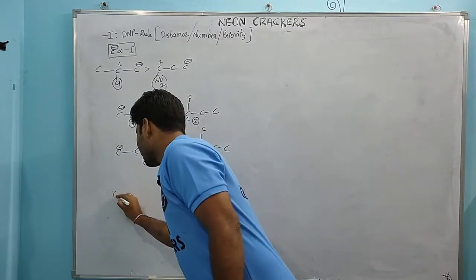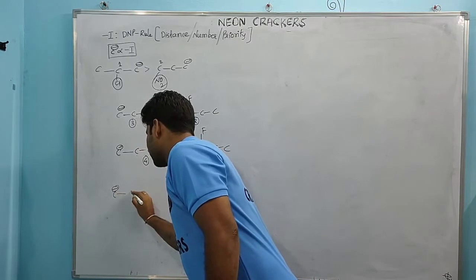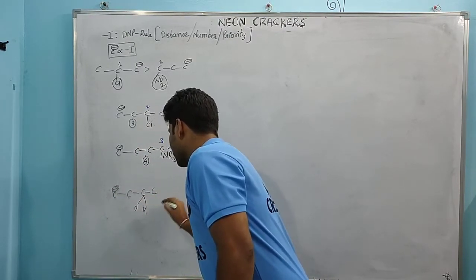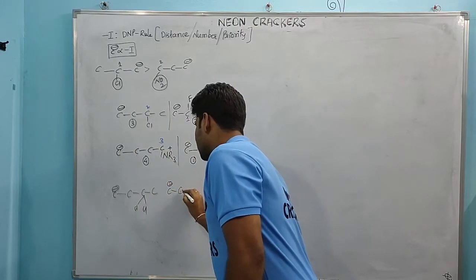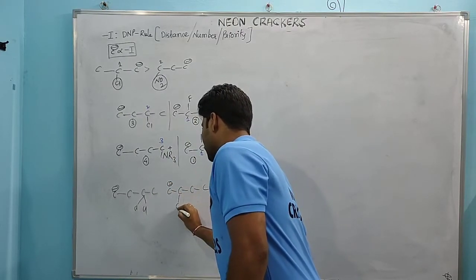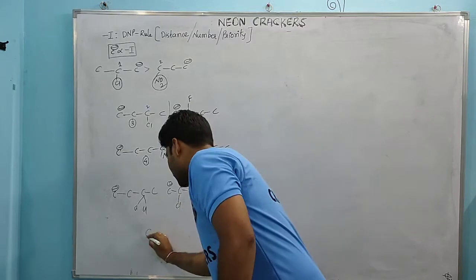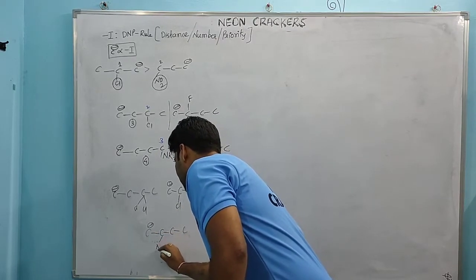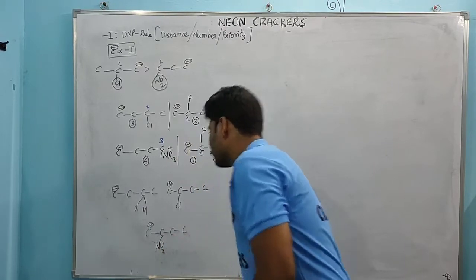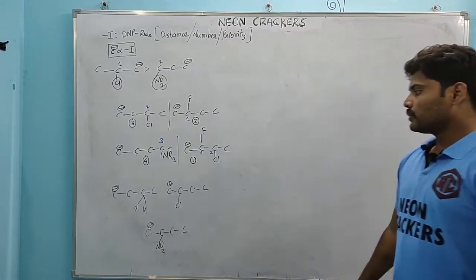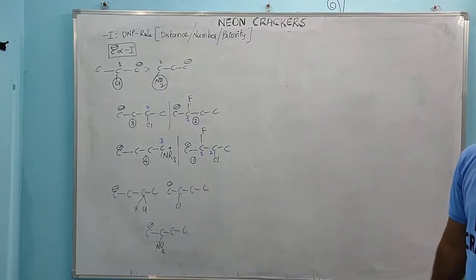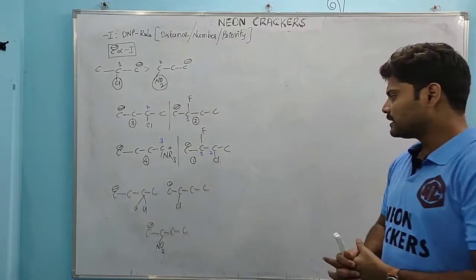Okay, one more example. Cl, C minus is there. Now there would be three carbons. Here one chloro is there, next one C minus, and here we have NO2. Now find out the answer, beta. Stability.